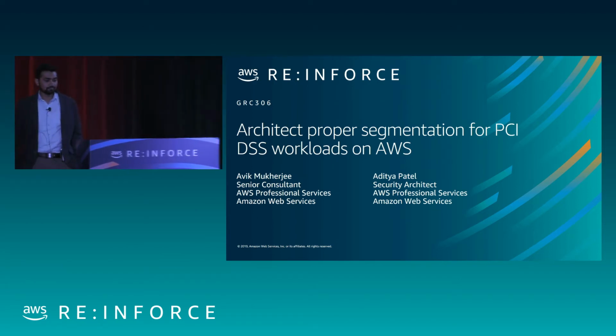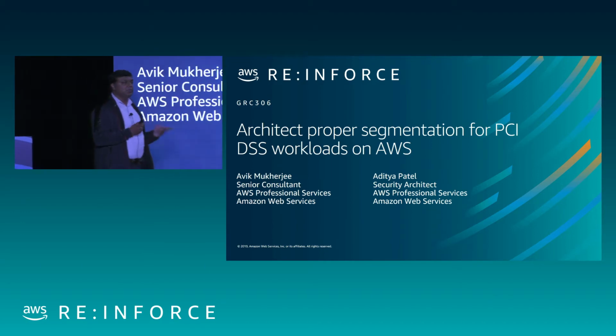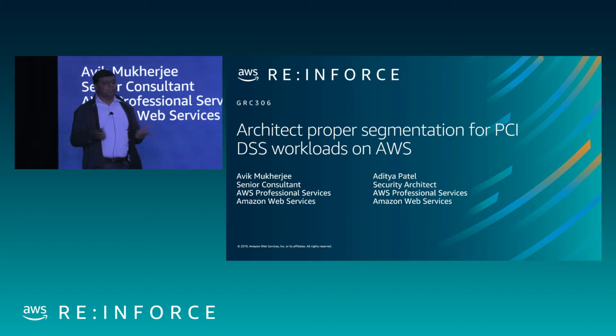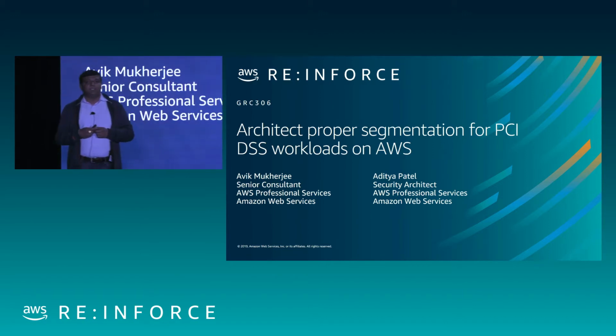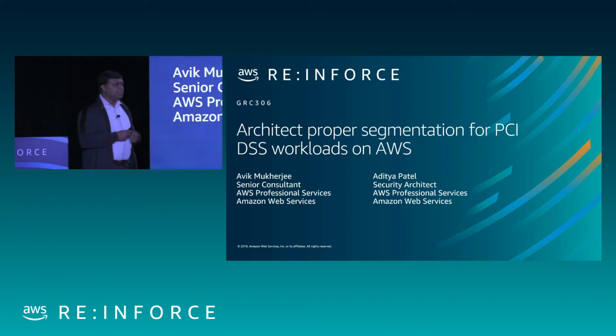So a bit about myself. Before I joined AWS, I was a QSA. For folks, a QSA is an external auditor who does PCI DSS assessments. I was a QSA for DSS, and I was also a point-to-point encryption QSA.